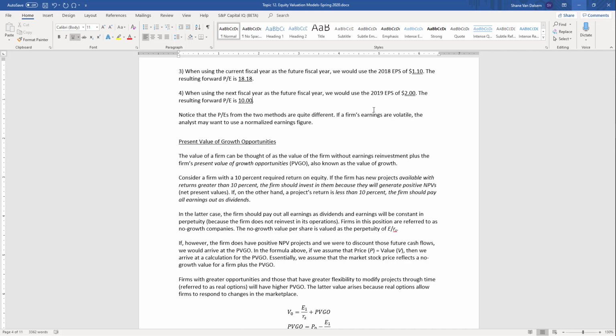And I don't know the current situation with Capital Federal Bank, but for a while, up to a couple of years ago, I know at least, their goal was zero growth. They did exactly what's being described here. As earnings came in, they paid them all out. They didn't want to grow the bank because increasing the size of the bank would have put them under new regulations that are based on the size of a bank, which would have added a lot of additional costs for them.